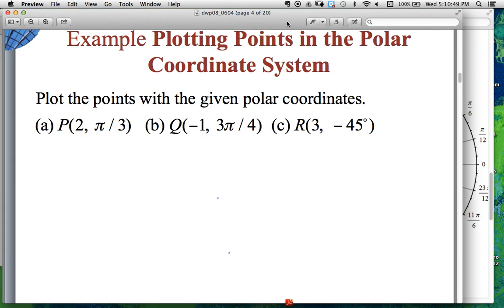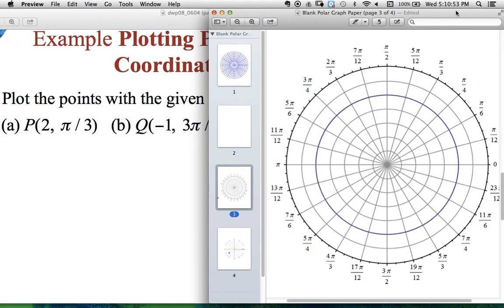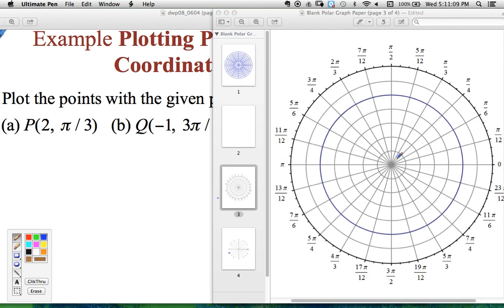I'd like to plot these points, and I'm going to do it on a grid with radians. So 2 at pi over 3. So I would come over here to the pi over 3 angle, which is 60 degrees if you're in degree mode, and you want to go 2 out from the center. So 1, 2. And that's little a.